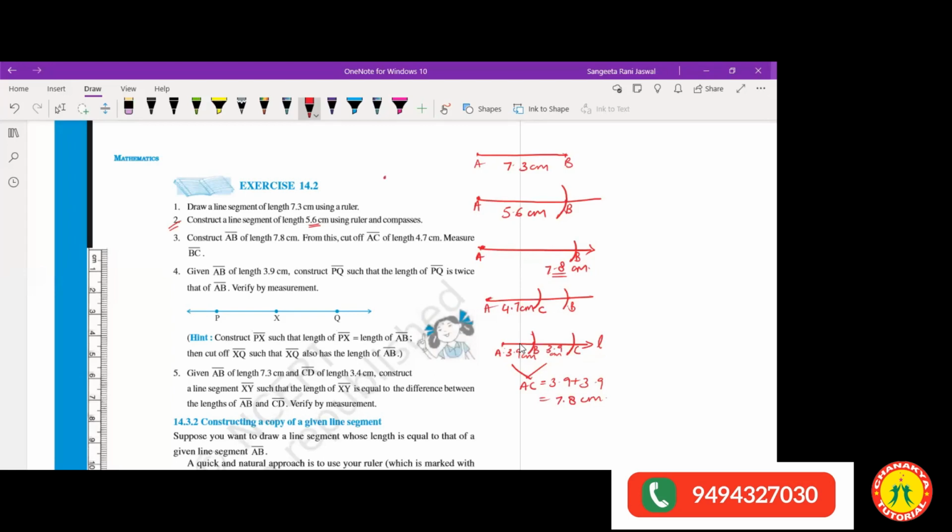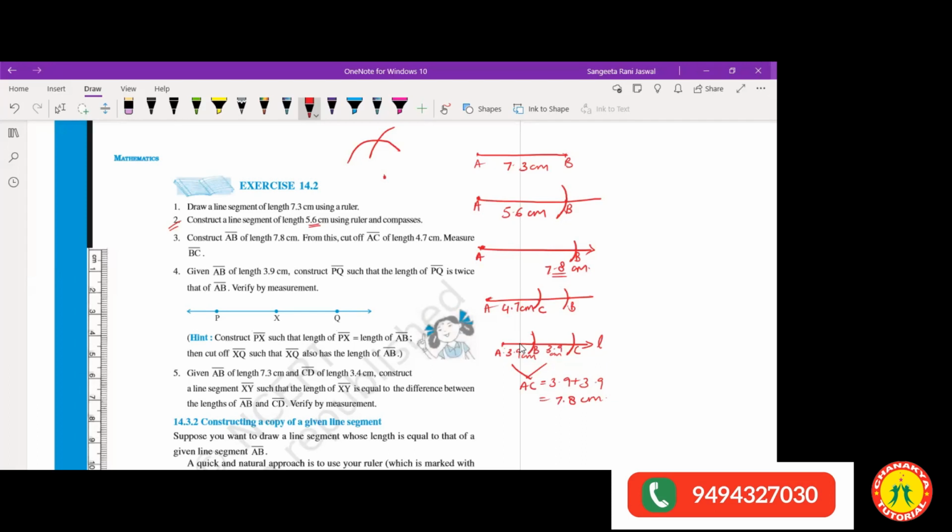If you keep the compass needle here and make an arc, can you get any point here? You cannot, until you have another arc or line cutting it. So we make a random long line and on that we make an arc so that we get a fixed point. When we double this, we get another one, and hence we get twice this line.